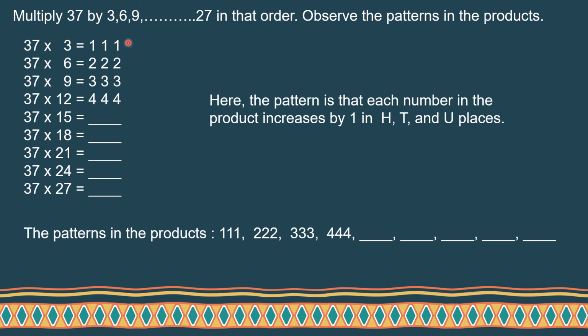In this pattern, each number is increasing by 1. See here it was 1, then the next product 2, 3, 4. So this is the hint for you. You will complete the remaining blanks.